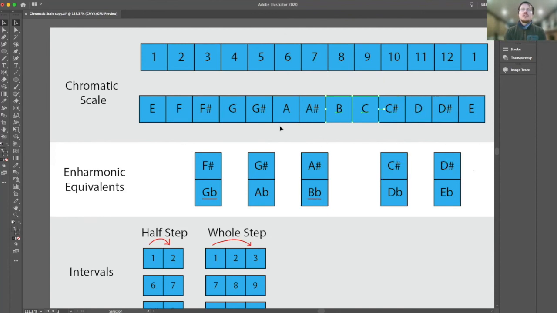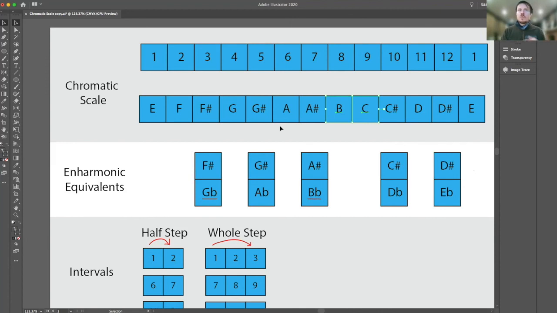How do you choose which term to use? Do I use F sharp or G flat, which are the exact same note? You play it on your guitar or on a piano, ding, it is an F sharp, but it is also at the same time a G flat, and neither is incorrect or correct.